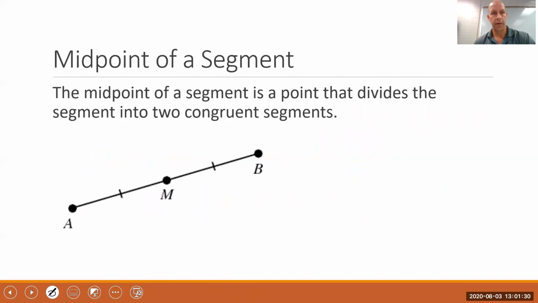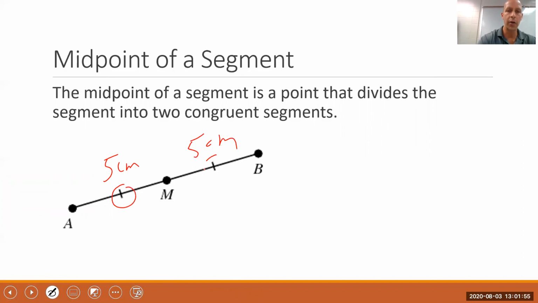And our last definition for this lesson is midpoint. Again, I know that you're probably familiar with a lot of these things. We say that M is the midpoint of segment AB if it divides it into 2 congruent segments. Now, we saw in the last slide that congruent segments are the segments with the same length, like let's say 5 centimeters and 5 centimeters.